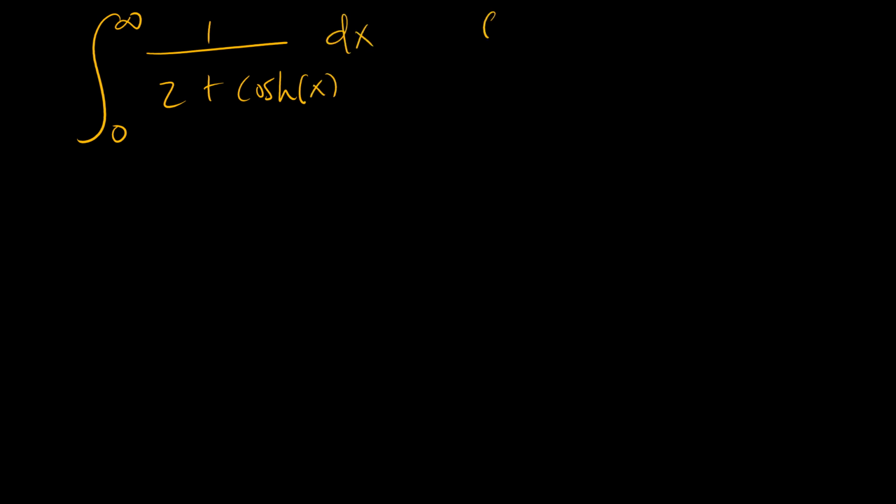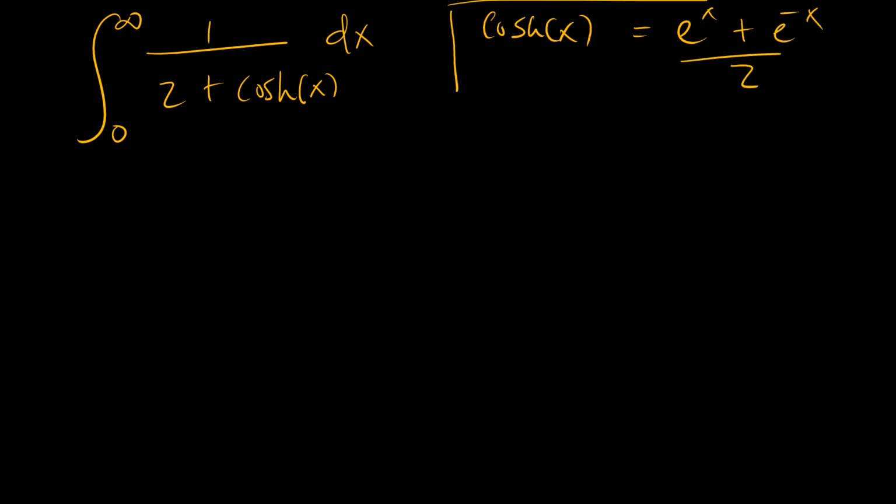So hyperbolic cosine of x is the same as e to the power x plus e to the power negative x, over 2, right?